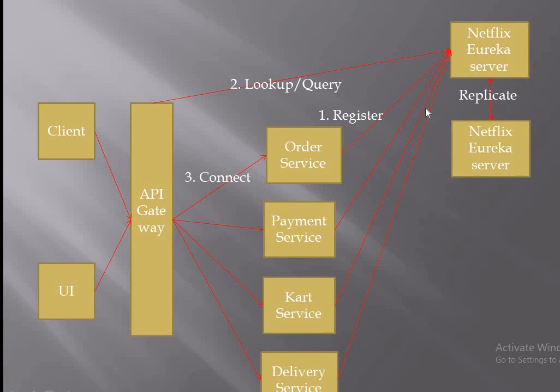Order service will connect to only one Eureka server, and internally this instance of Eureka server will connect to the second instance of Eureka server, and whatever information it has, it provides to it. It might be possible that payment service is connected to the second Eureka server. Then it will replicate the same information to the first Eureka server. So that's how the Eureka server will work.